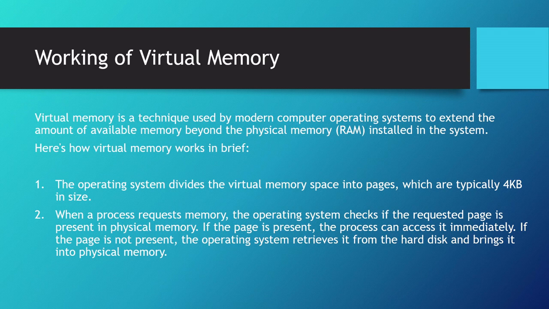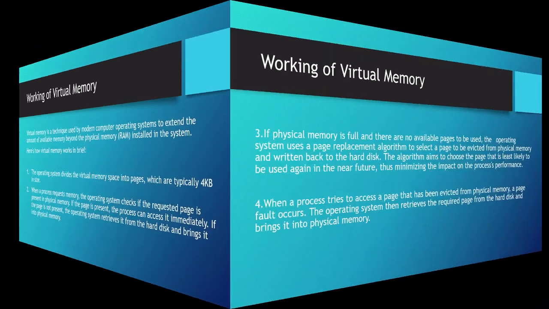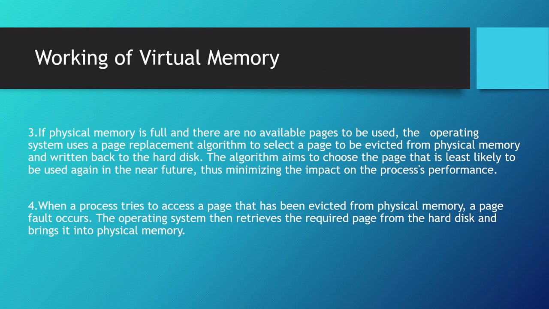If the page is not present, the operating system retrieves it from the hard disk and brings it to the physical memory. If physical memory is full and there are no available pages to be used, the operating system uses a page replacement algorithm to select a page to be evicted from physical memory and returned to the hard disk.